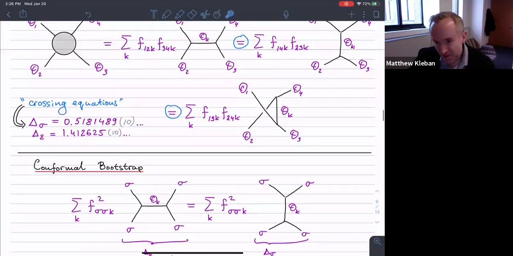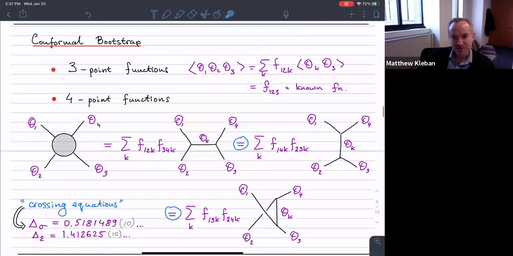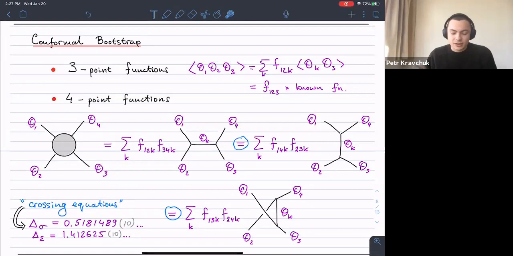One question, if I could, what exactly does unitarity or reflection positivity imply for these FIJKs? What condition does it impose? So for FIJKs, it imposes essentially that they have a definite reality property. The reality property depends on the details of the operators, but for example, for 3 scalars, it imposes that these coefficients are real.